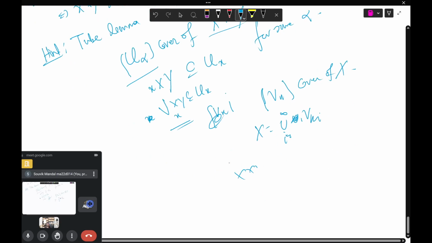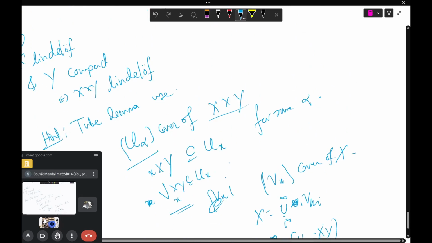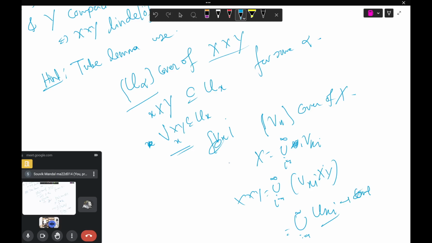So obviously X cross Y is the union over i from 1 to infinity of Vxi cross Y, which is nothing but the union of Uxi. By construction, each Uxi is a finite union of U alphas. So as a whole, that collection of Uxi is countable, so for this collection you have the countable subcover. Very good. So the whole argument, you understand.